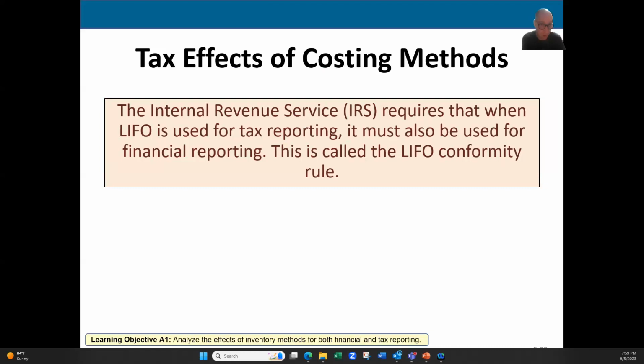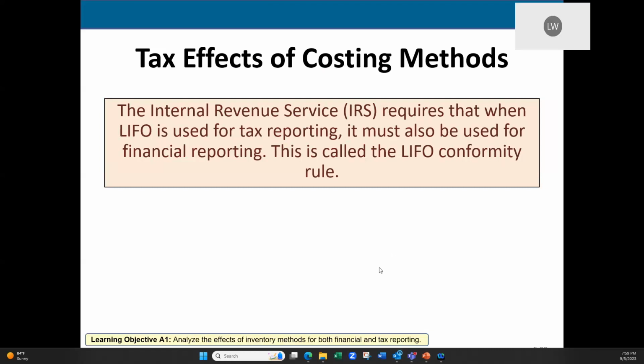So for tax reporting reasons, you would use LIFO, but for your financial statements, your balance sheet and income statement, you might want to go with first in, first out, because if you're trying to attract new investors or whatever the case is, having a higher profit looks good.